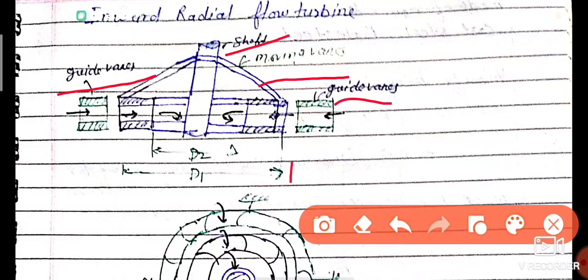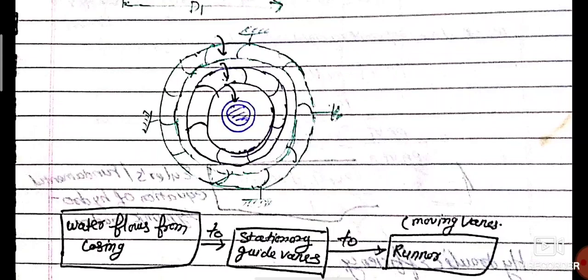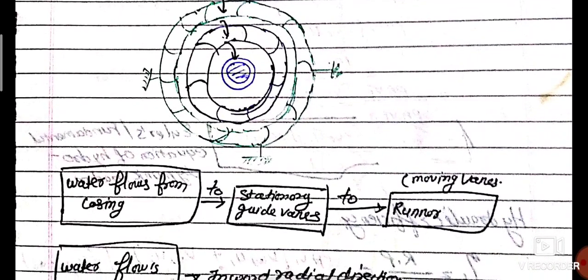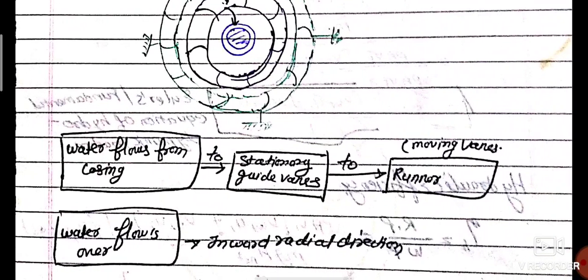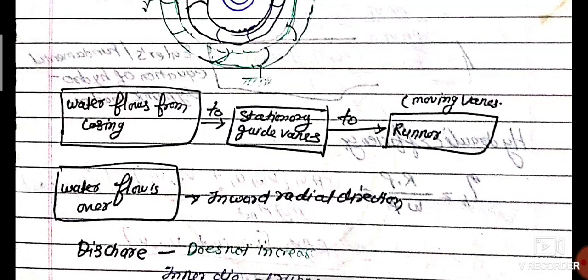Water flows from the casing to the stationary guide vanes to the moving vanes or runner. Water flows in the inward radial direction.